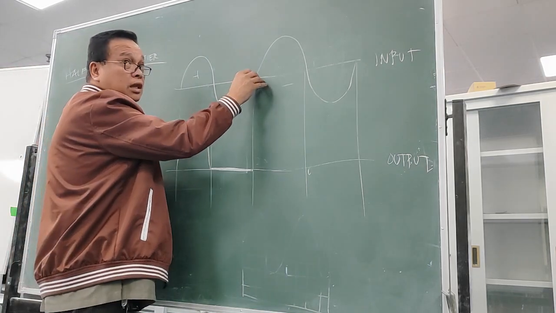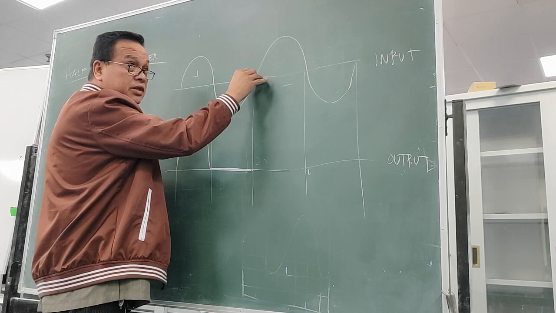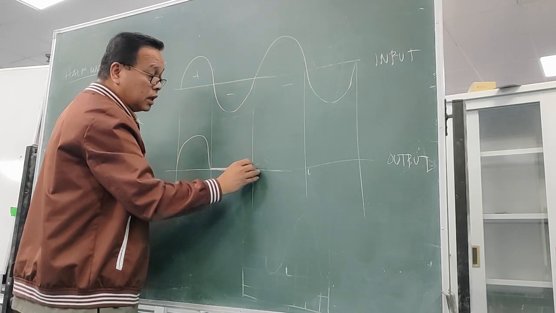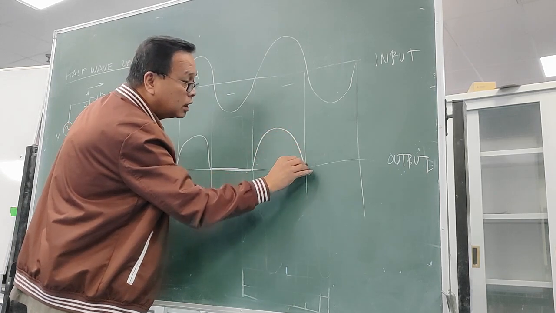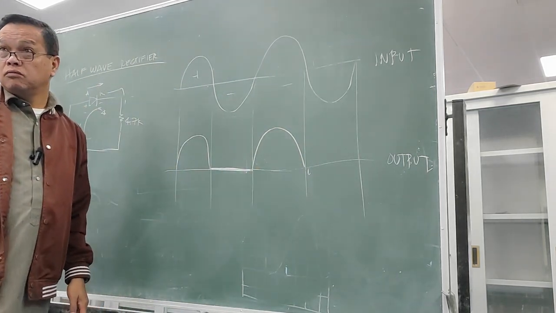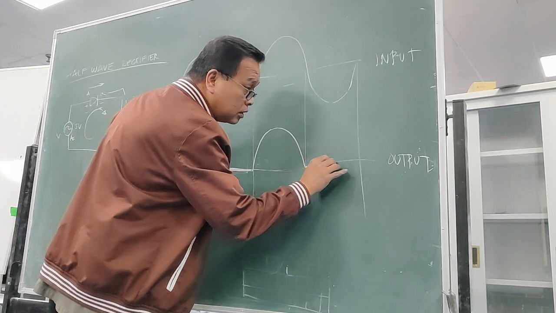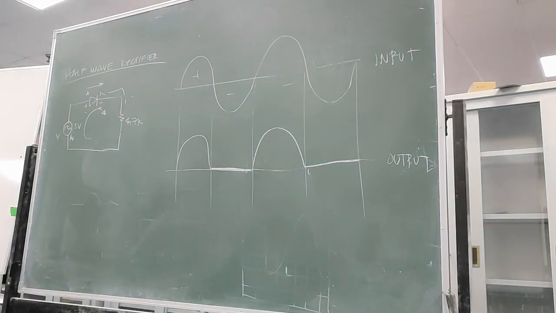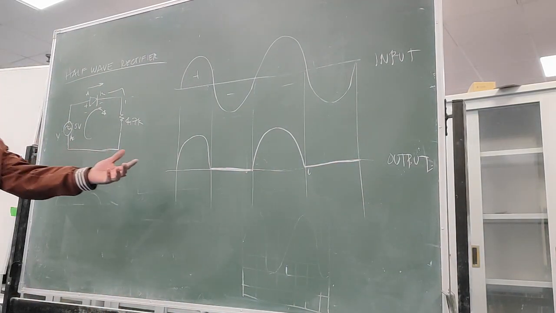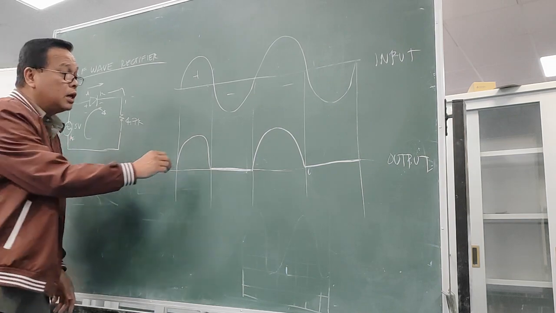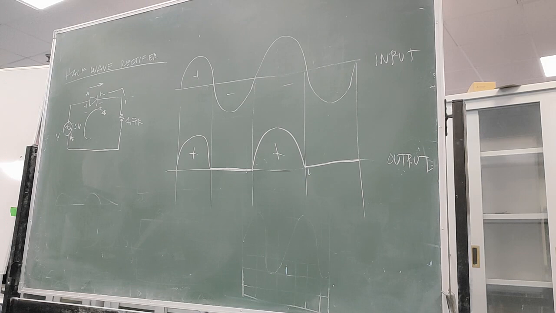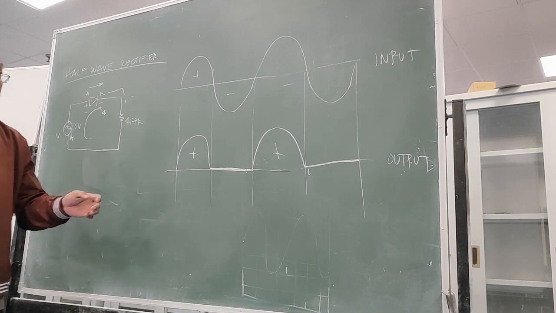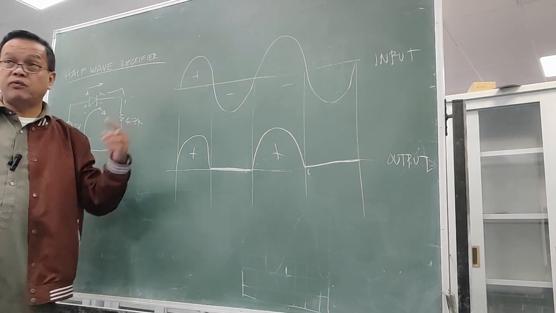Again, it will repeat. On the next cycle, it will allow, and then again not allowed. This will be the expected output waveform of the half wave. It will allow only half of the input waveform.